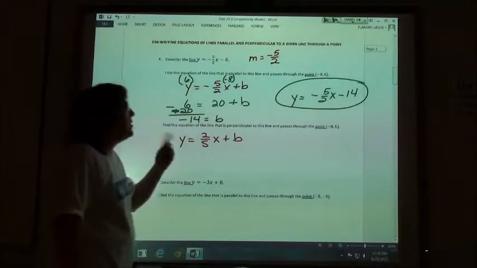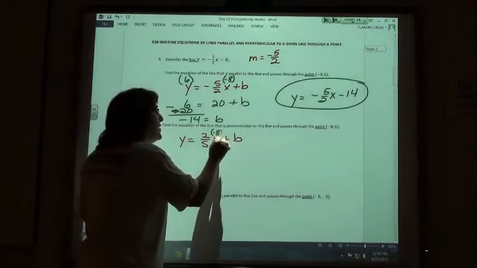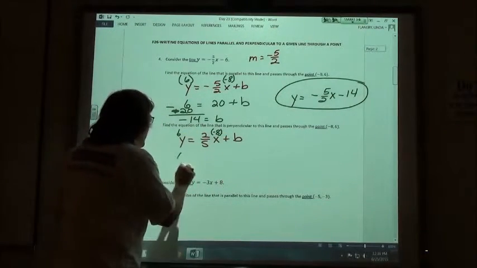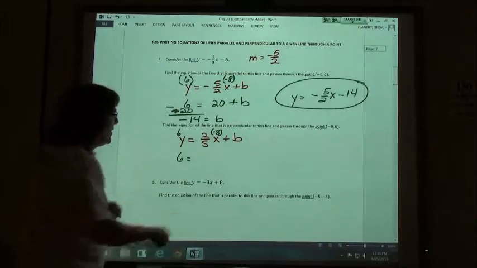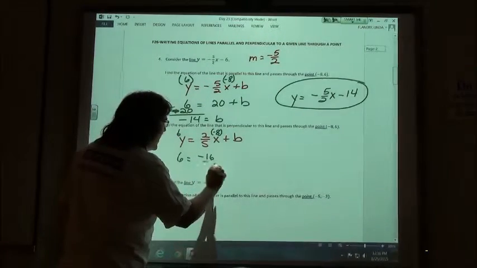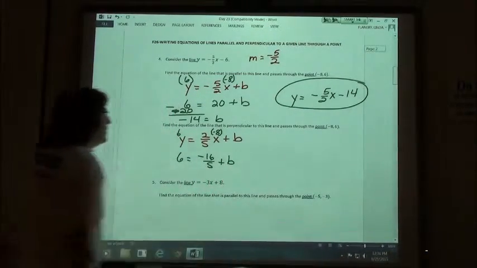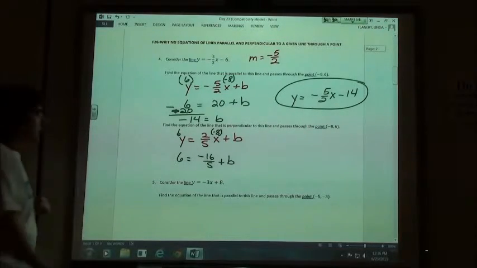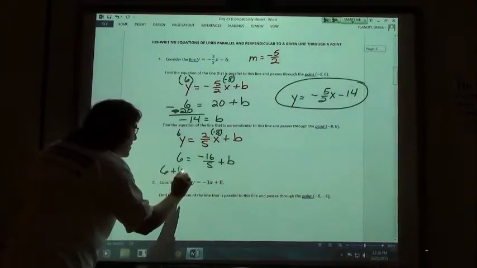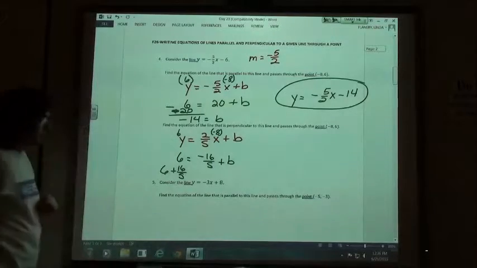Perpendicular, same thing. I'm going to put the -8 in for x, the 6 in for y. So 6 is going to equal, that's going to be -16/5 plus some number b. So I'm going to have to take 6 and add my 16/5.